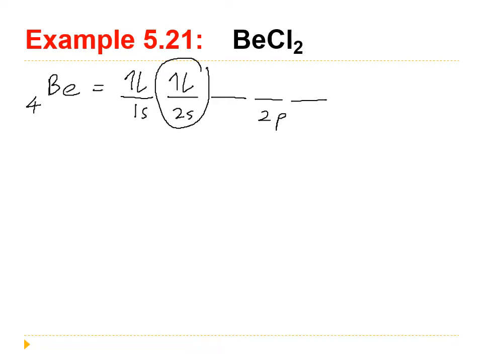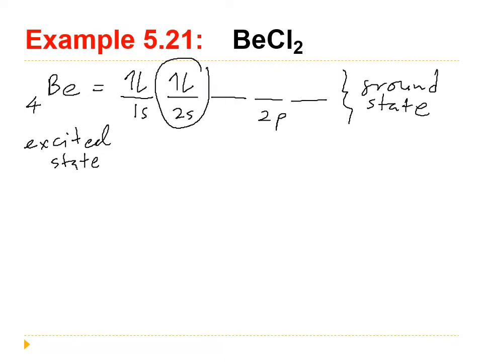But since we have these empty 2p orbitals, this is at ground state, so we are going to look at the excited state. What is happening when the beryllium atom is given energy to bond with 2 chlorine atoms?